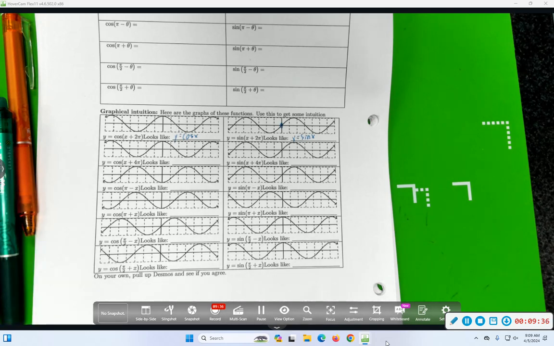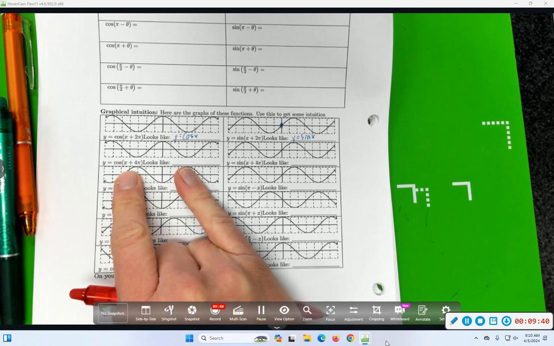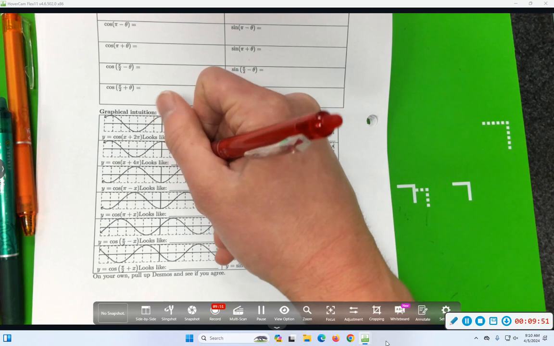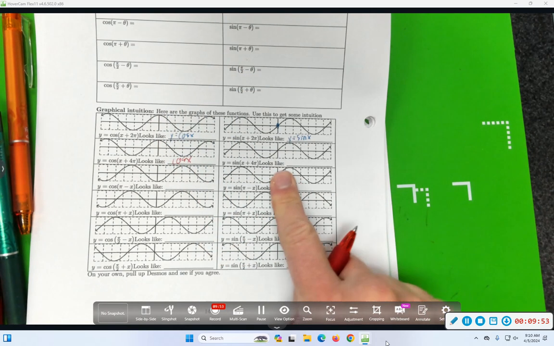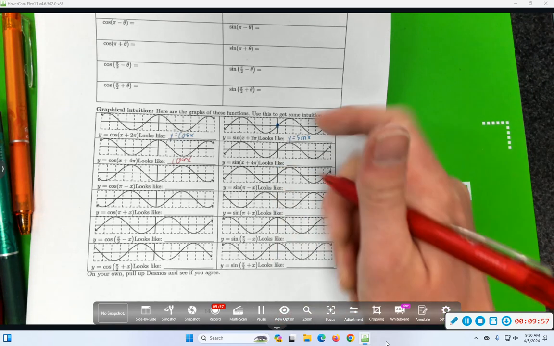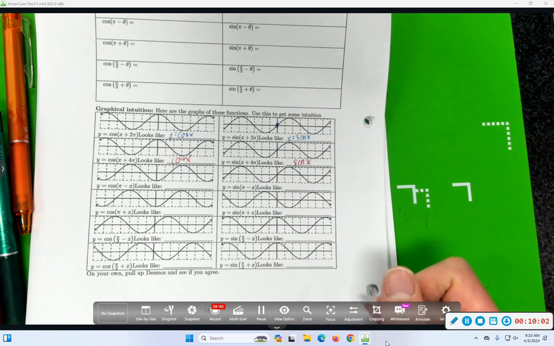Cool. Let's do it. Cosine of x plus 4 pi. Negative cosine of x. Cool. Was that cosine of x? Yeah. Cool. Sine of x plus 4 pi. So far, so good.